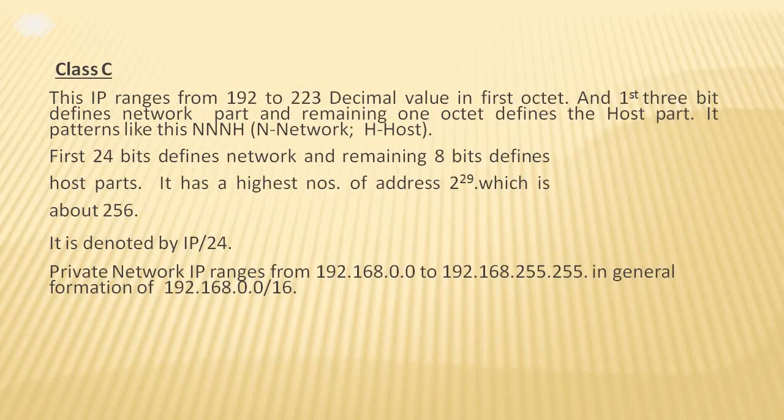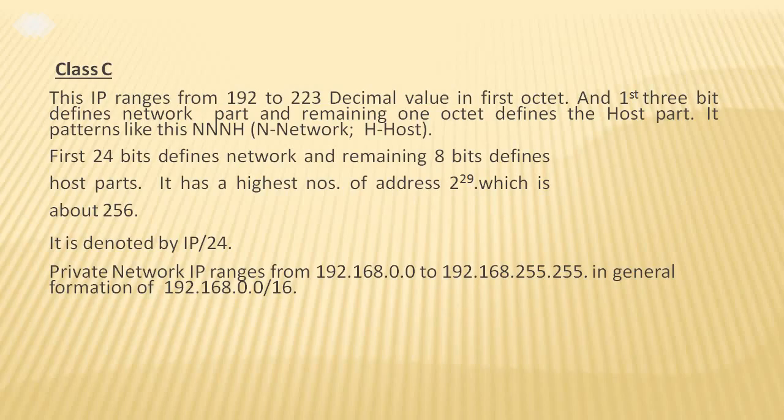In class C, it follows the range of 192 to 223 decimal values in the first octet. The first 3 bits define the network part and the remaining 1 octet defines the host part. They follow the pattern of NNNH, where N is the network and H is the host. So the first 24 bits define the network and the remaining 8 bits define the host part.